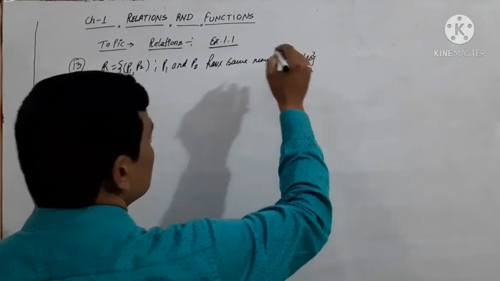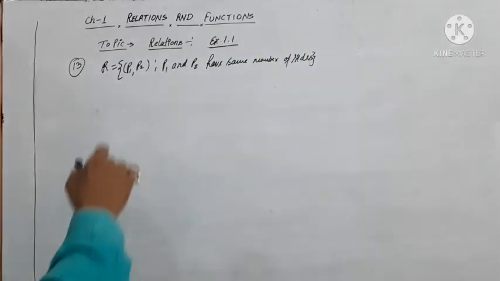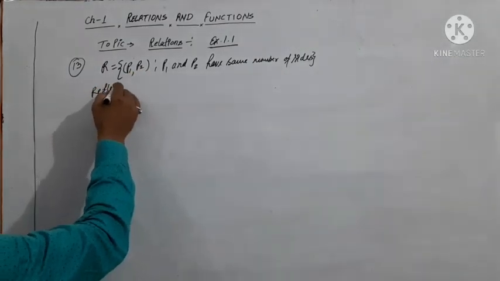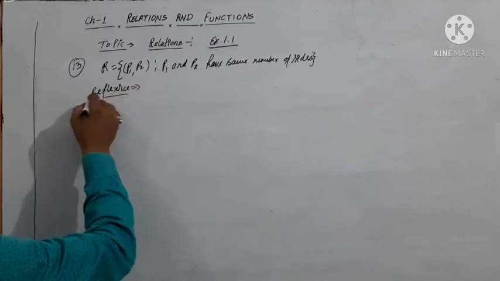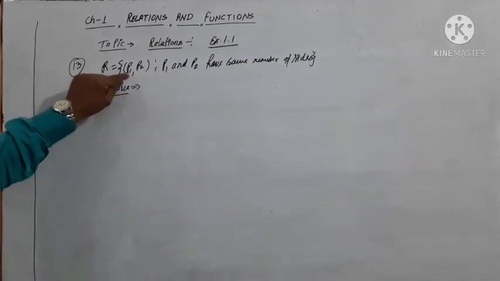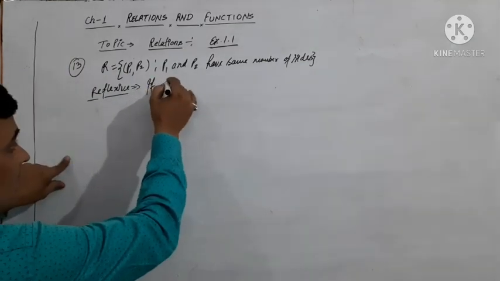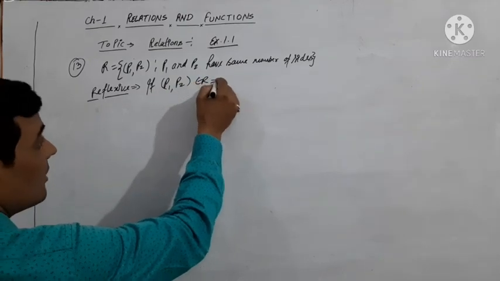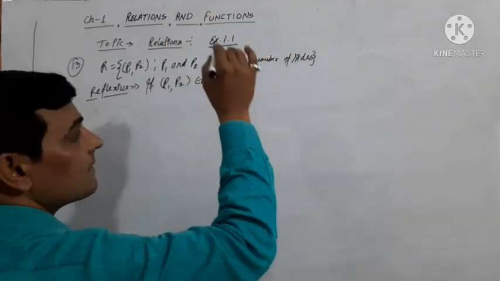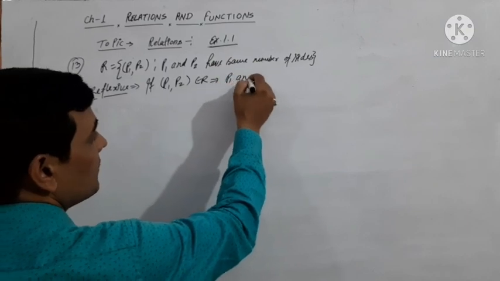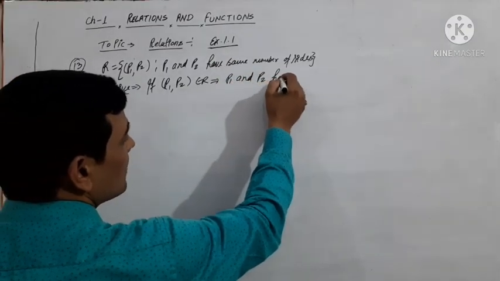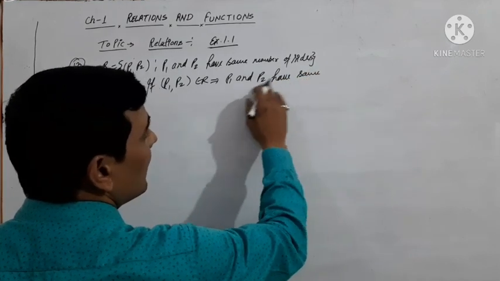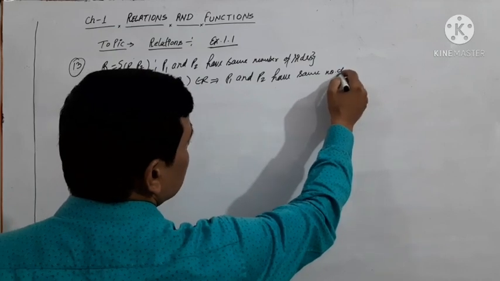We have to show that this relation is an equivalence relation. So this is an easy question. Come to the first type, reflexive. What is reflexive relation? If P1, P2 belongs to R, then P1 and P2 have the same number of sides.